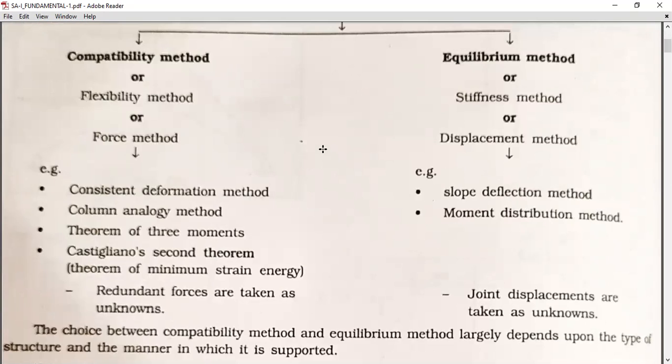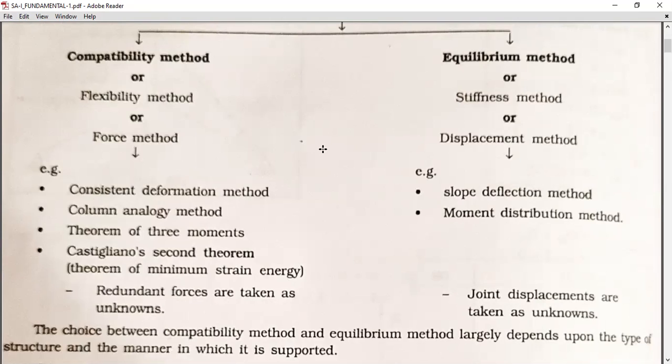We can see that there are some examples in the compatibility, flexibility or force method, which are the consistent deformation method, column analogy method, theorem of three moments, Castigliano's second theorem, and theorem of minimum strain energy, which we can study in the strain energy chapter.